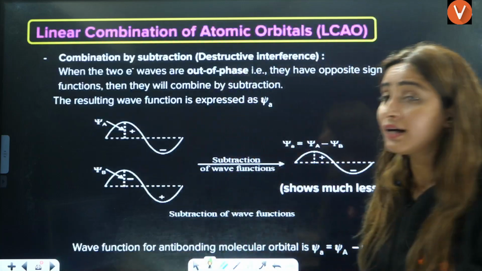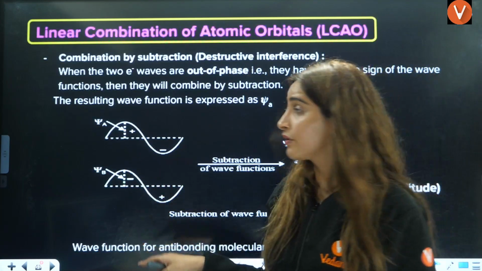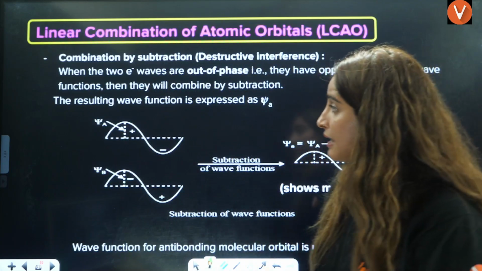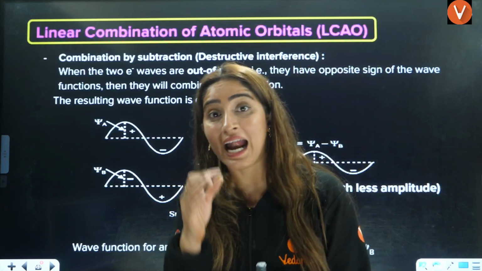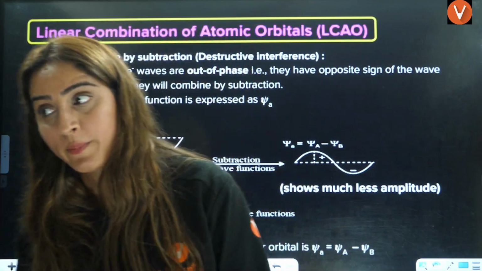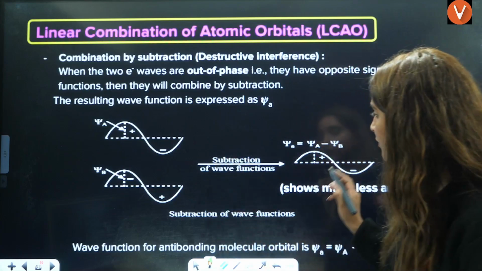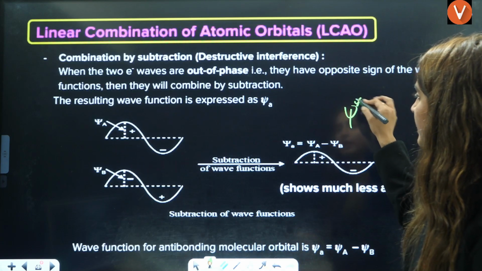But if one is positive and the other is negative, the positive part is combining with the negative part, and basically they are going to cancel each other. That is why it is called an anti-bonding molecular orbital, which is represented by a star whenever you are making anti-bonding.